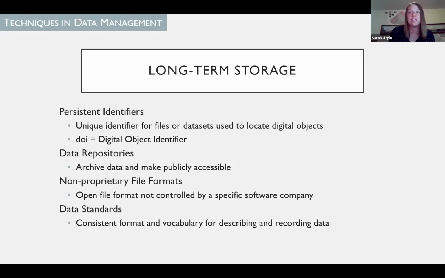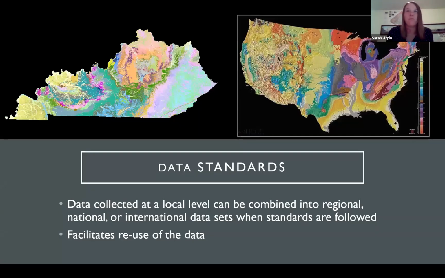And so for an example of a use of data standards, we have the National Geologic Map of the United States. And so each state has its state survey who is responsible for the geologic mapping in that state. But it's much finer detail, much higher resolution, and then unit names, lithologic names can change across borders and boundaries.